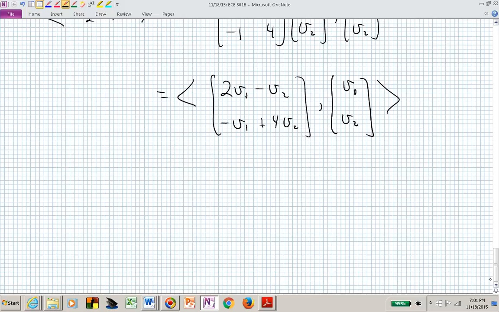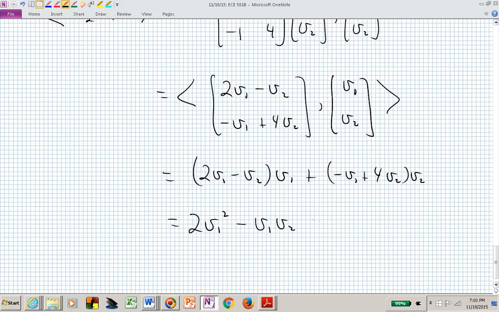That vector now needs to be inner product with the vector V. Again, if we do this component-wise product, we have the first components multiplied and added to the second components multiplied. We end up with 2V1 squared minus V1V2 minus V1V2 plus 4V2 squared.